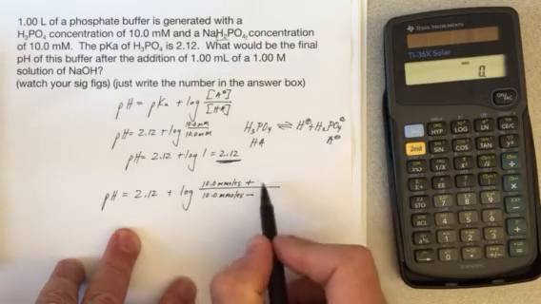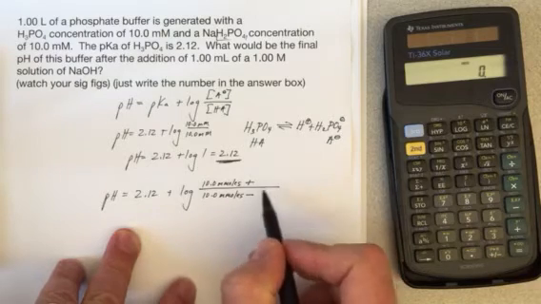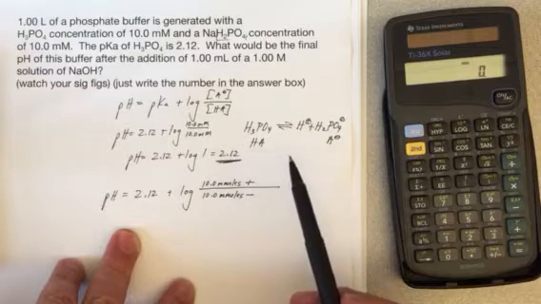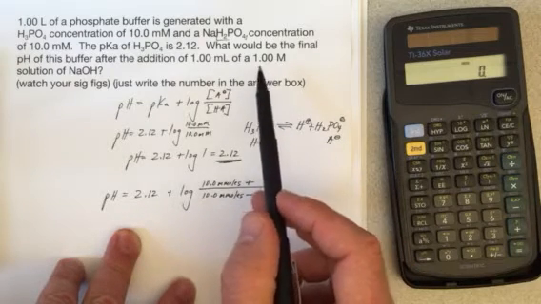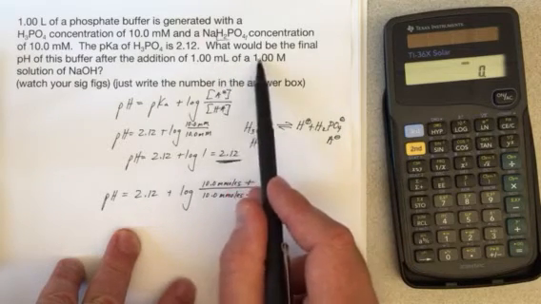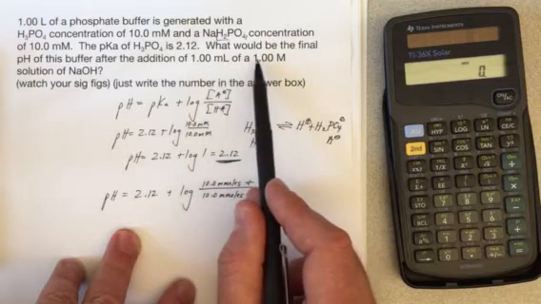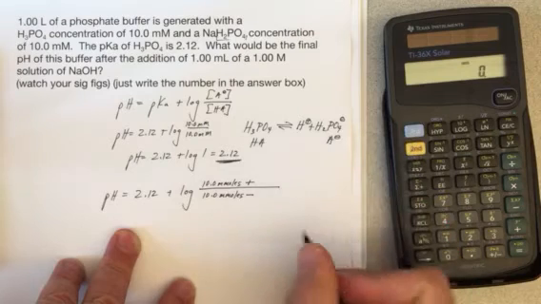Then you have to figure out, well, how many moles or molecules of base are being added. Well, I'm not told directly, but I'm told that I'm adding 1 milliliter of a 1 mole per liter solution.